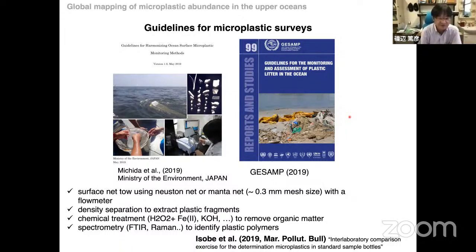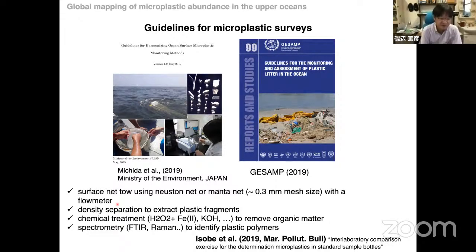We use the surface net tow, using a Neuston net or Manta net. The net mesh size is mostly around 0.3 millimeter, and we have to use a flowmeter to measure the water volume passing through the net. And we have to use density separation to extract plastic fragments, or chemical treatment to remove organic matter.